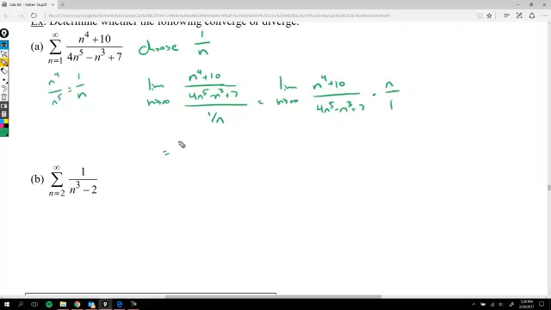That's going to give me the limit as n approaches infinity of n to the 5th plus 10n over 4n to the 5th minus n cubed plus 7. Now when I take the limit to infinity, all I care about are the coefficients of my terms with the highest degree. So I don't care about any of this stuff. I just care about this. So my limit to infinity is going to be 1/4.